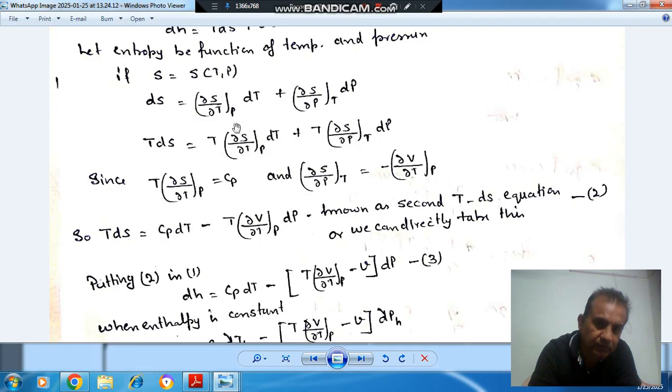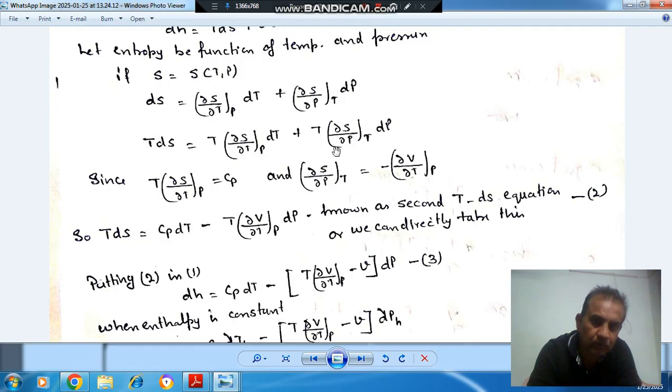Now this term T(∂S/∂T) at constant P is called the specific heat at constant pressure, because TdS is heat, and if you divide by temperature, then it is specific heat at constant pressure, that is Cp.